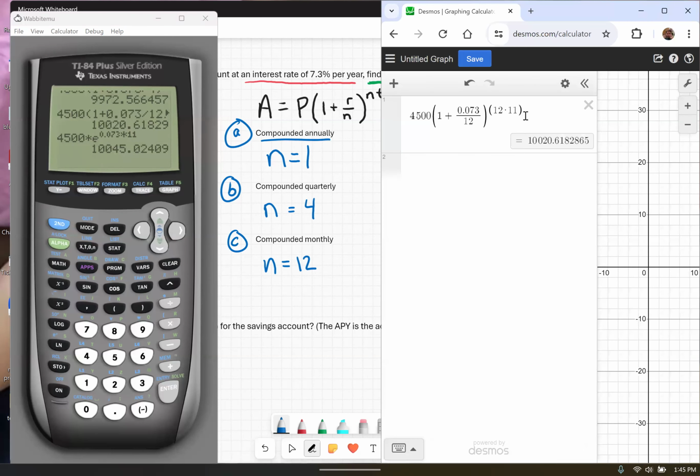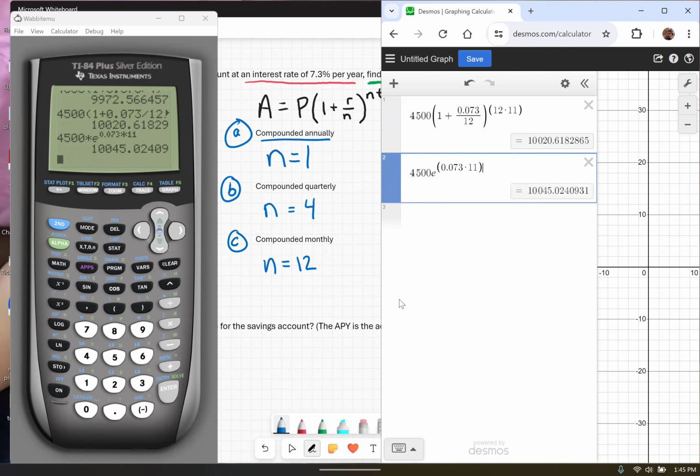And if we're doing that on Desmos, let me just add another line. So same thing, 4,500, e. I'm using just the e on the keyboard. e raised to the power of, so caret, shift 6, in parentheses for the exponent, R, 0.073, times T, which is 11.